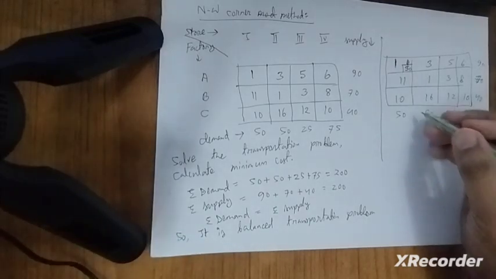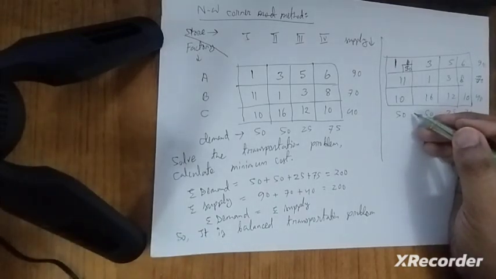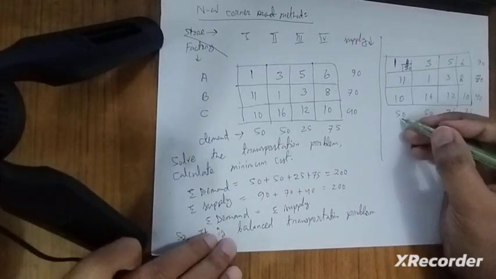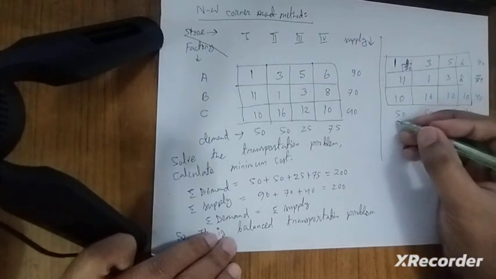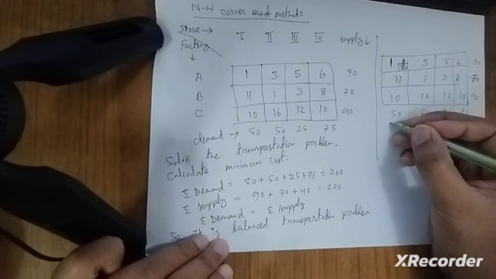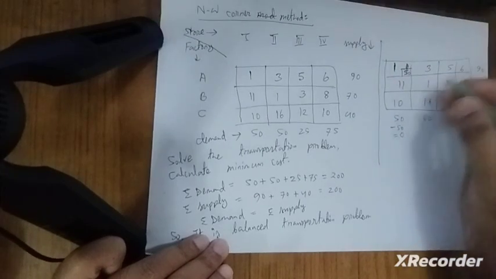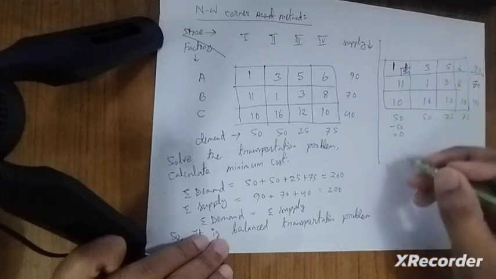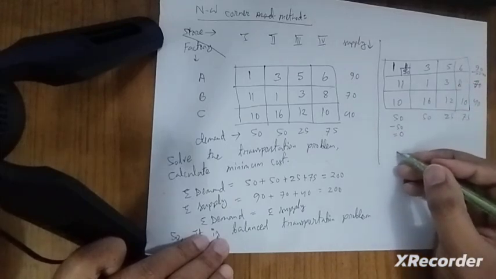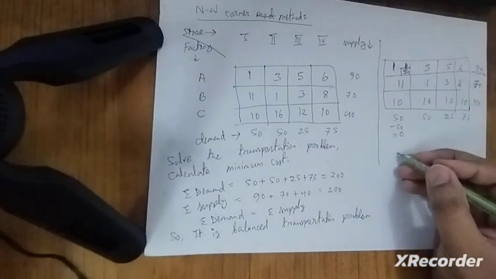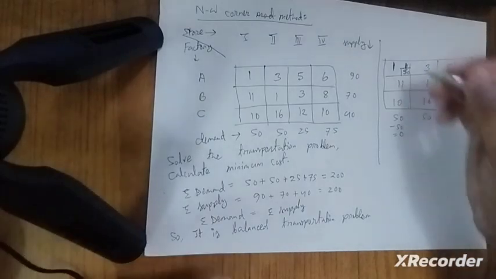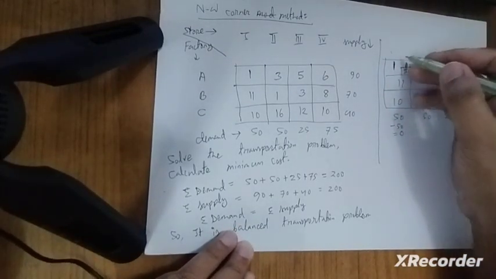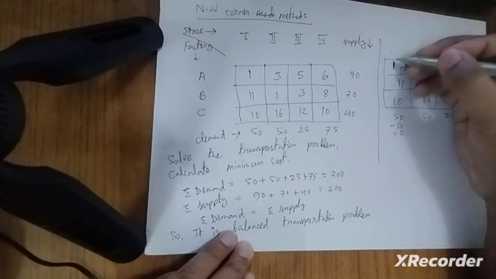If we assign 50 here, the demand of 50 is already consumed, so it becomes 50 minus 50, that is 0, and the supply 90 minus 50 becomes 40. This column is already consumed, so we can discard this column.